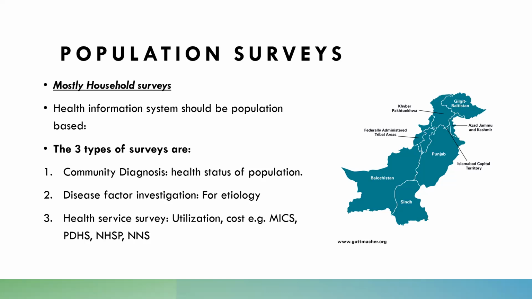The three types of surveys commonly carried out in Pakistan are the community diagnosis that gives the health status of the population; whenever we want to find out the etiology and causes of the relevant diseases, we go for the disease factor investigation surveys; and last are the health surveys for utilization and cost that include PDHS, NHSP, and NNS.